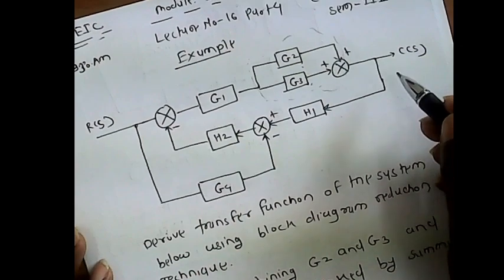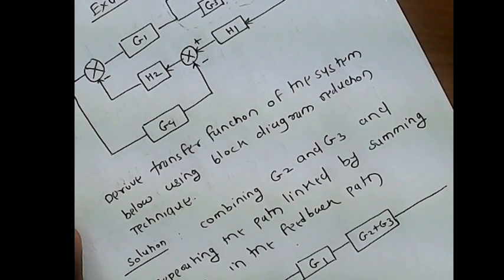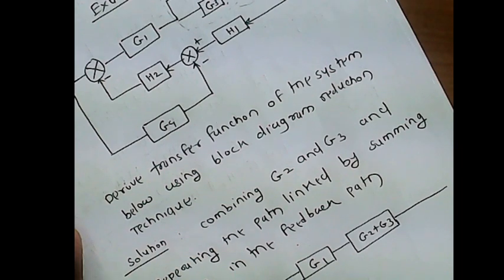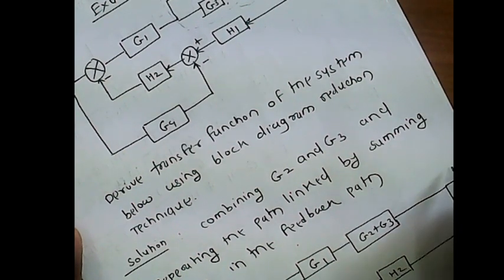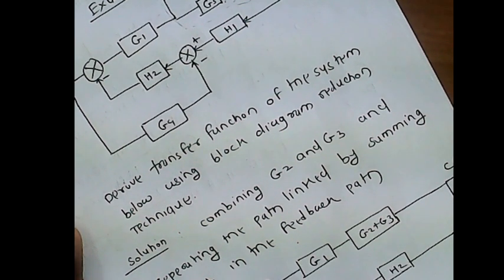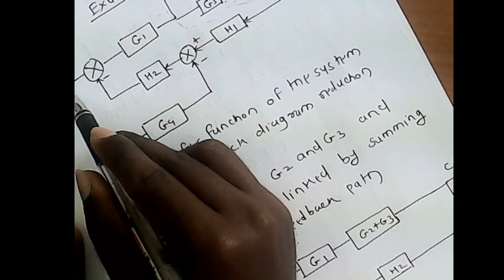So we can draw the first feedback path, that is H1, H2, C(s), and the second path, that is this.